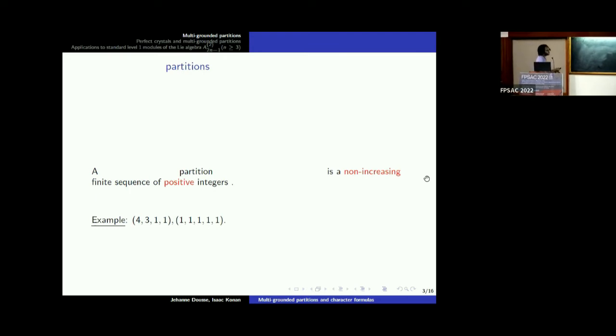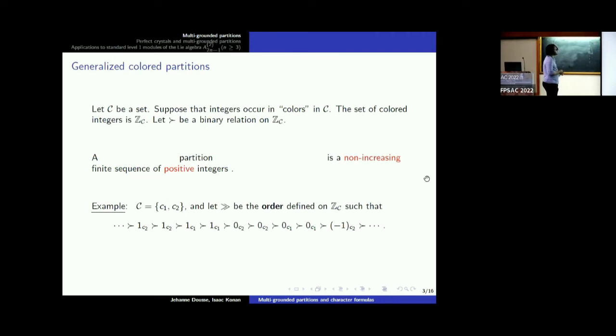What we study in our paper is something slightly different. For that, we have to introduce a set of colors, and we suppose that the integers occur in these colors in the set C. We also add a binary relation on the set of colored integers.